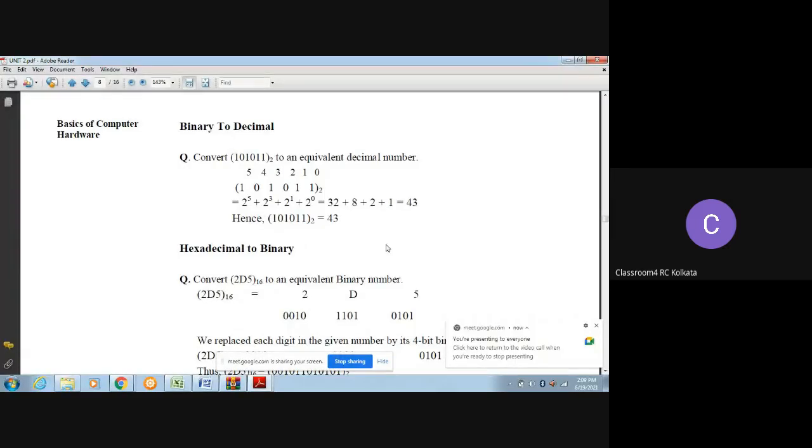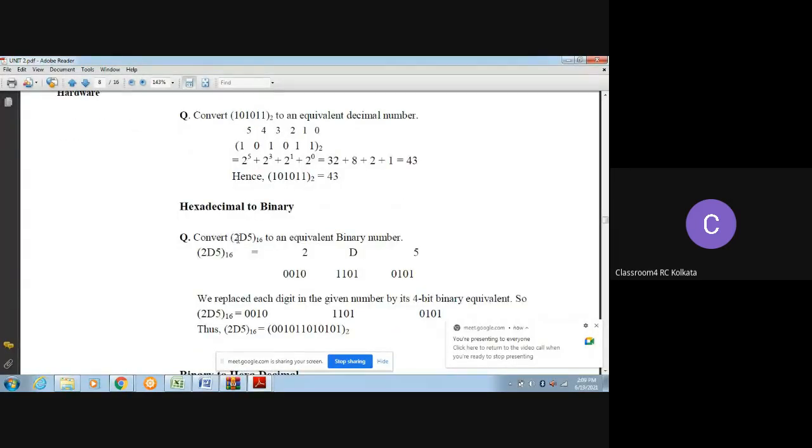Clear, all of you? This is actually a chart through which we basically convert the decimal or binary number to your hexadecimal or octal. Now, say my hexadecimal number is 2D5.